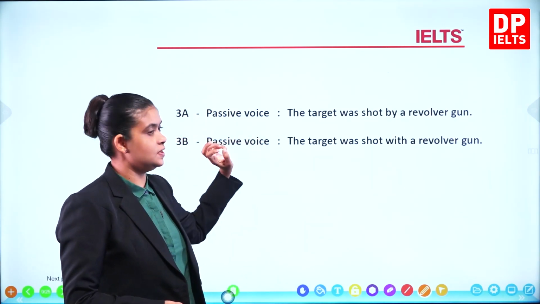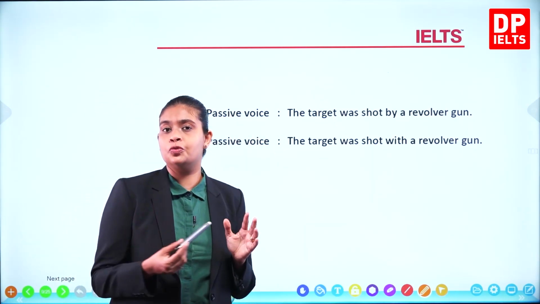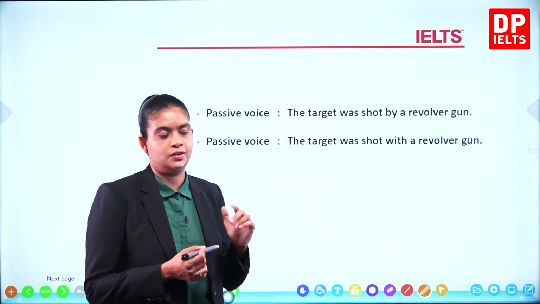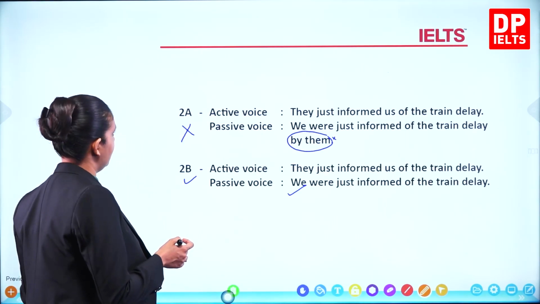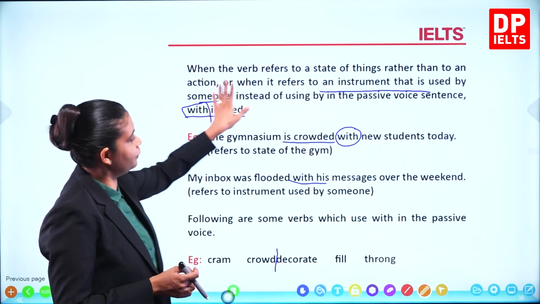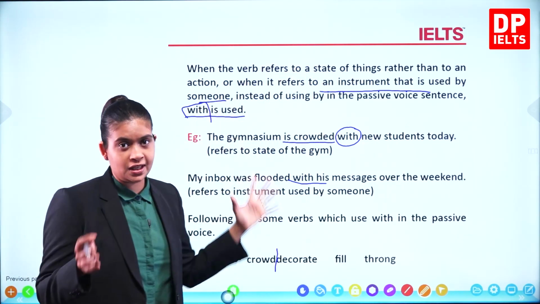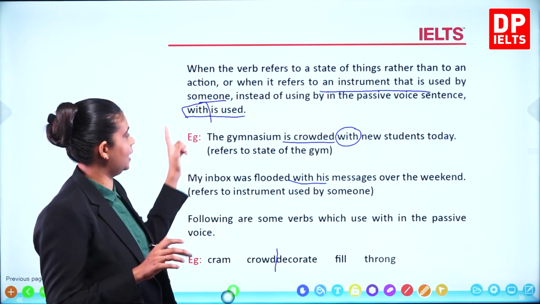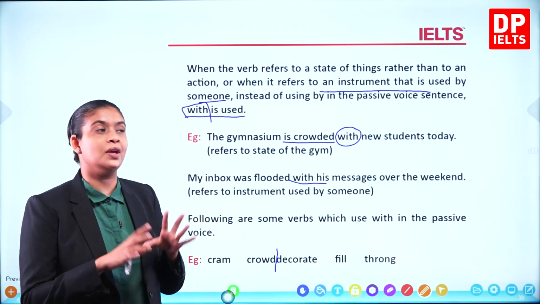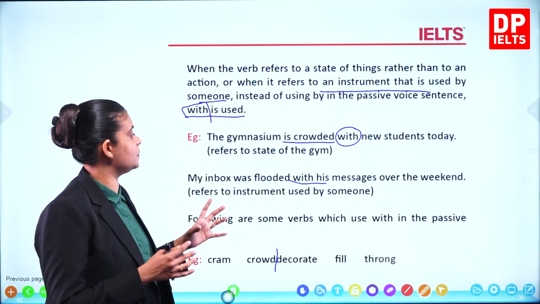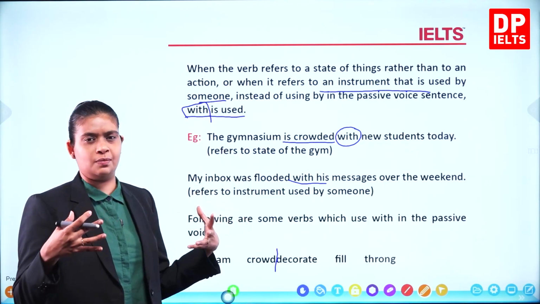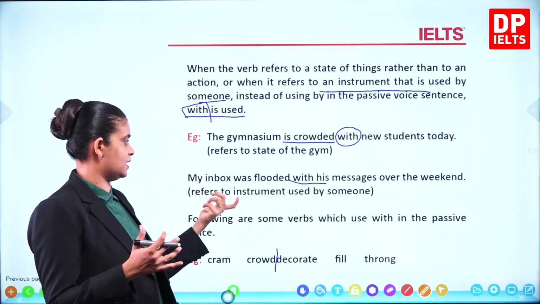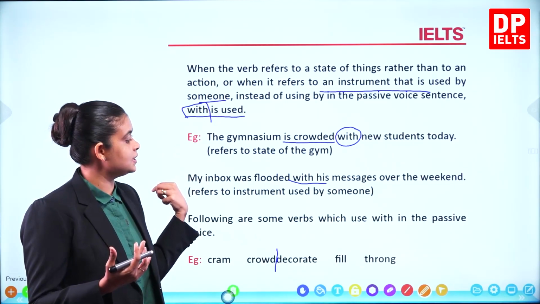The passive voice, now remember I told you if there's an instrument involved, what's the rule? Remember we did it last time, okay? So if it refers to a state of things rather than to an action. If it refers to an instrument that is used by someone, like the messages, some kind of instrument, inbox messages, right?